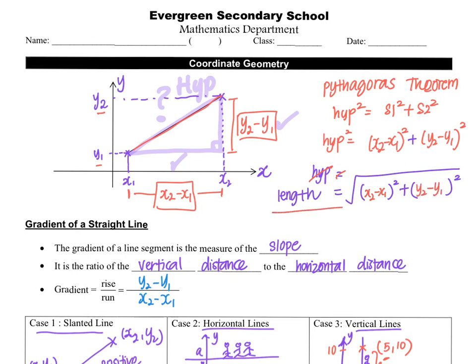So therefore, we have gotten the formula for calculating length between 2 points. Take a second, copy this down into your notes.